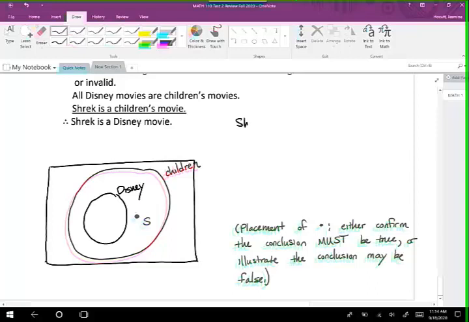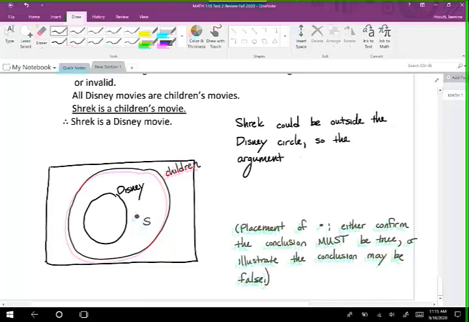And so what this picture illustrates is that Shrek could be outside the Disney circle. It doesn't have to be inside. And so this argument is invalid. Okay, so we've illustrated with our picture that Shrek doesn't have to be a Disney movie. So it's an invalid argument.